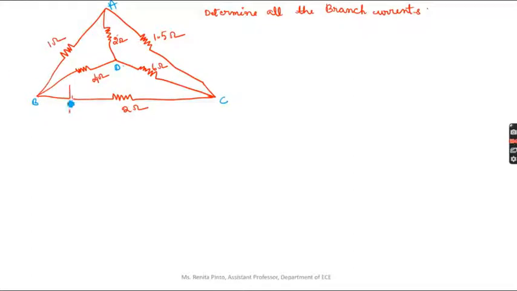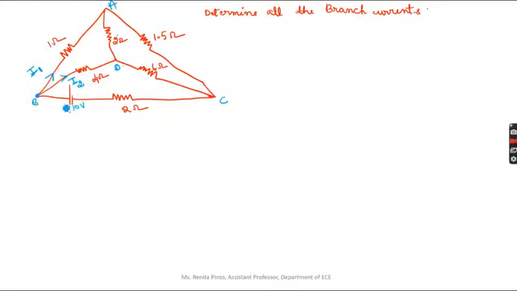So I'll consider that my main current is flowing from this. This is given as 10 volt. At this point my current will divide, right? So I'll take the first current here as I1 and the second current here I will take as I2.